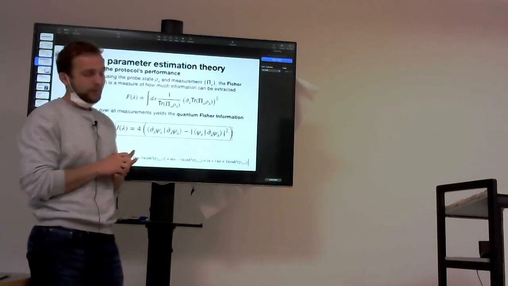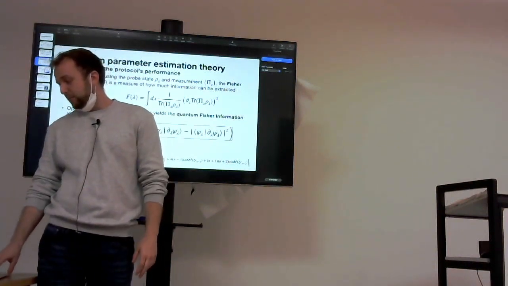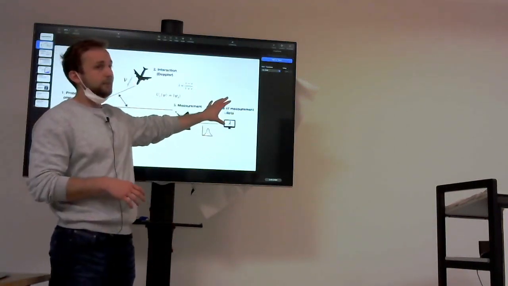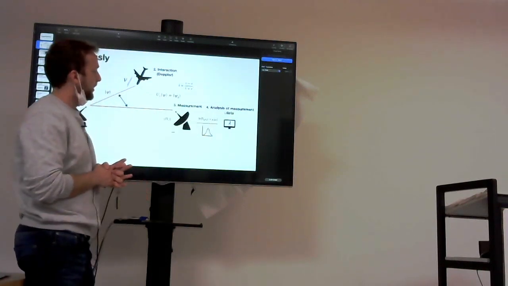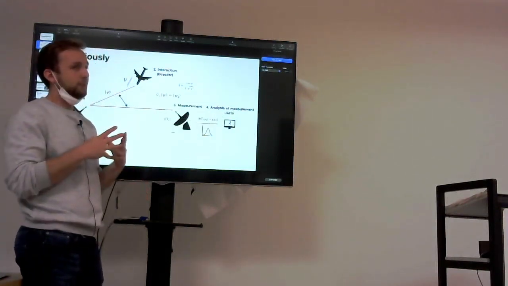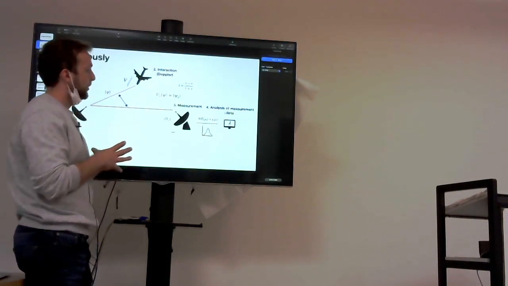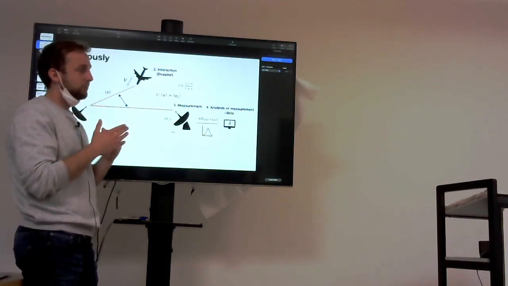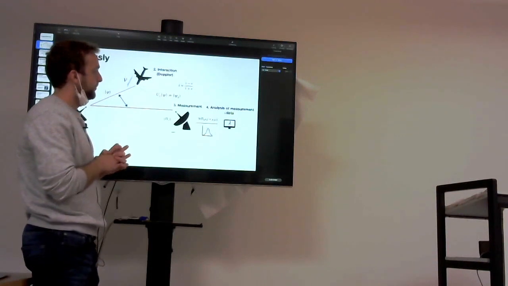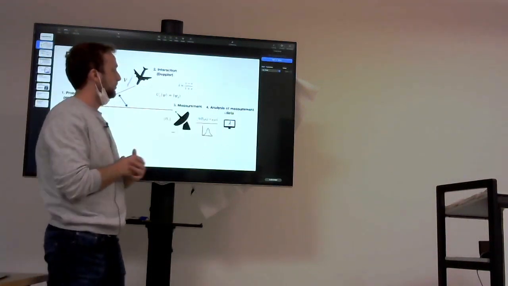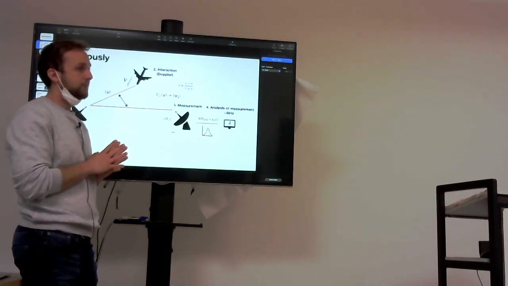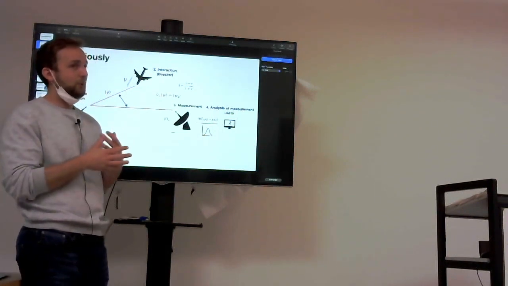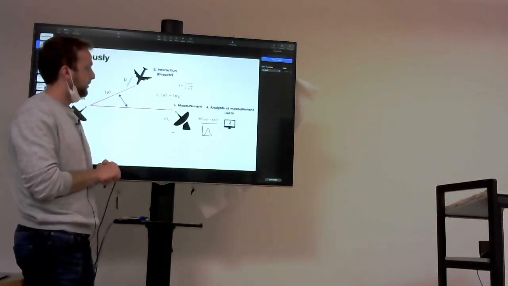And then in the last step, this is just a measurement, and then we have this last step of analyzing the data. But that's never a problem. If you only have one single parameter to estimate, then there is an estimator that can estimate this parameter optimally, given a high enough number of experiment repetitions.